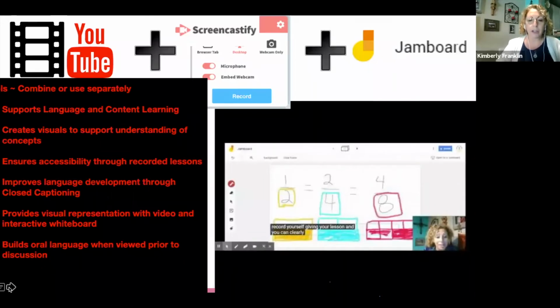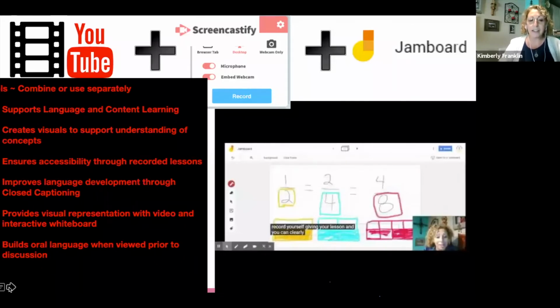And I believe the yearly amount is discounted right now for unlimited recordings, and that's $29 a month. I mean, a year, sorry. You can upload these to YouTube and share the link very easily with your students. You can use closed captioning as another layer to improve language development and content learning.